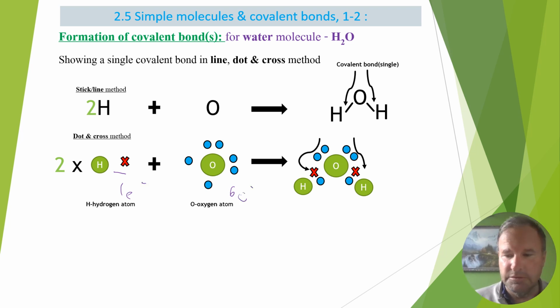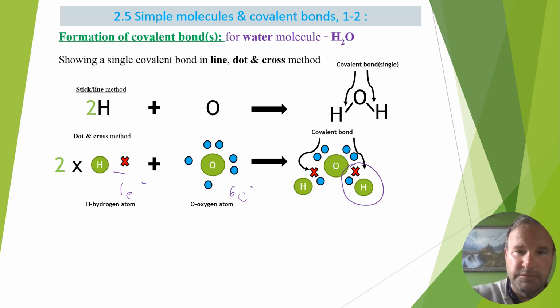So remember the rule. You can see it covalently bonded here. You can see hydrogen obeys the duet rule, which is 2 electrons. So it's reached noble gas configuration. And if you look at the oxygen, it's got 1, 2, 3, 4, 5, 6, 7, 8 electrons, which obeys the octet rule, which is the full second shell.